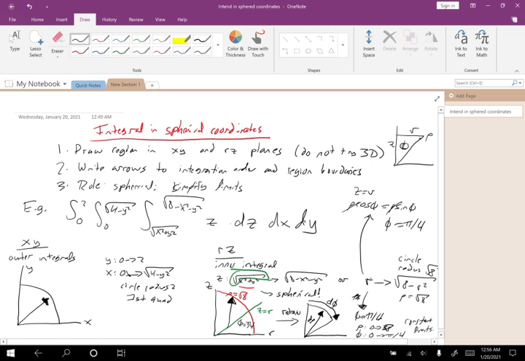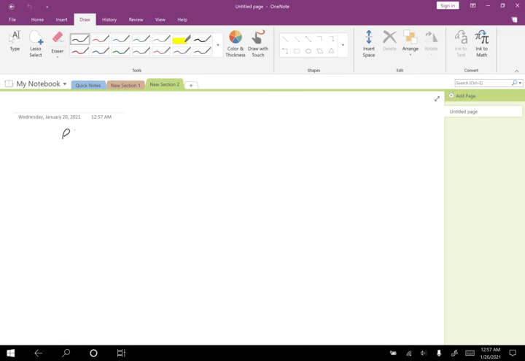Let me just go back to the xy plane for a second. The fact that we're in the first quadrant means that theta is restricted from 0 to pi over 2. So we don't have to do anything here. Our theta work was pretty easy. So let me just indicate the limits again.